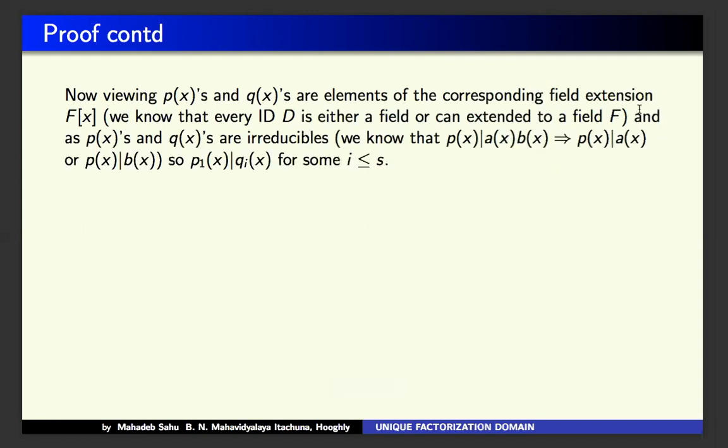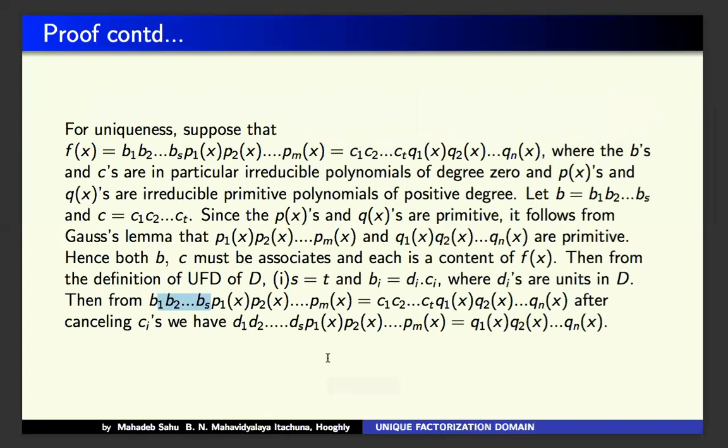And Pi(x), Qi(x) are irreducible. Then we write Pi(x) divides Qi(x). Here we give a divisibility form of a polynomial by a polynomial. So we write P1(x) divides Q1(x). How is it? You just go back to this relationship.